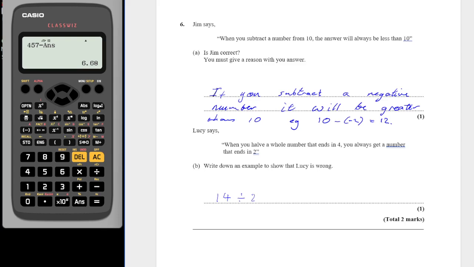So 14 divided by 2 would be equal to 7. And that's fine for my example. If you're looking at a 2-digit number, provided the tens unit is an odd number, you'll always get a number that ends in a 7.